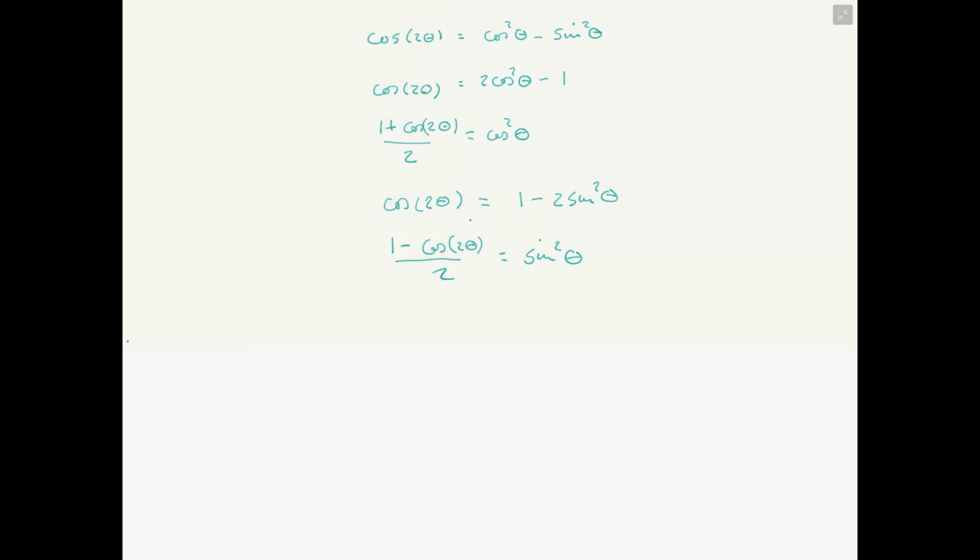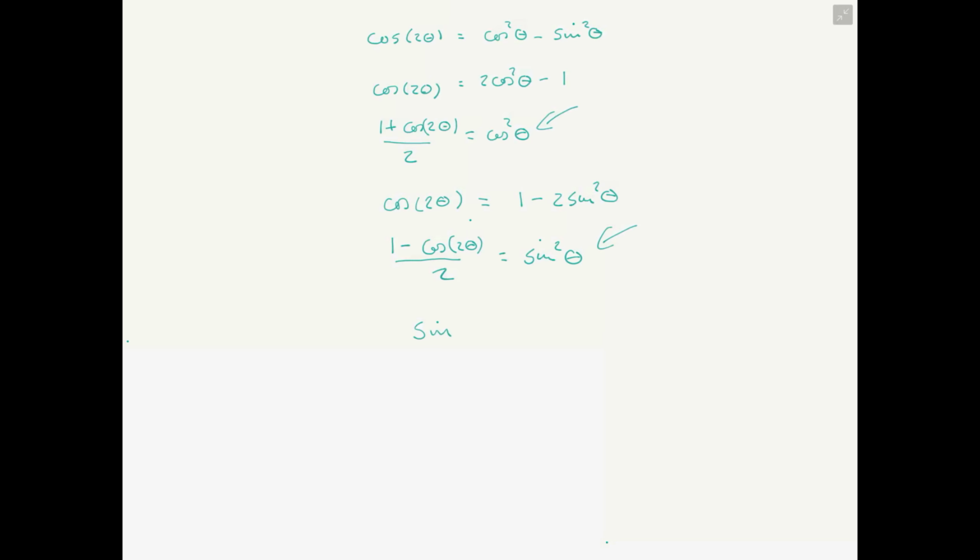So we have these double angle formulas for the cosine function that can be substituted if we have cosine squared theta or sine squared theta in the integrand. This has quite a bit of utility. Also, another very useful trigonometric identity is the double angle formula for the sine function.